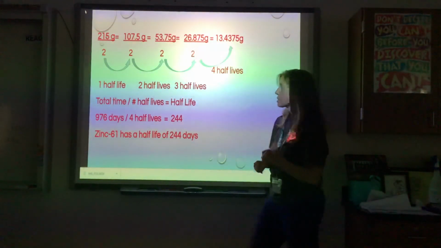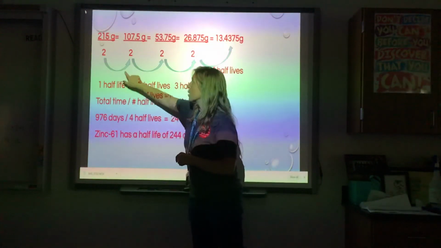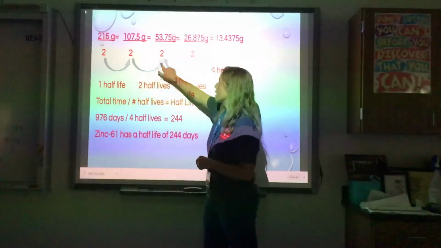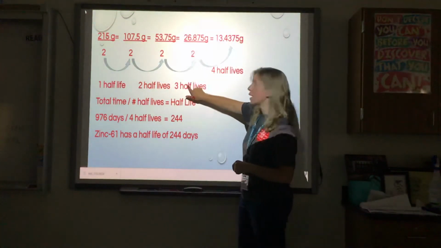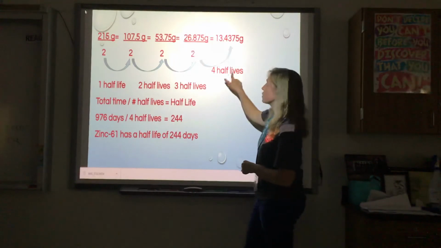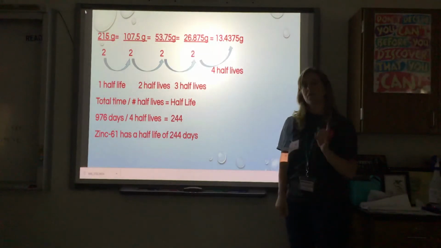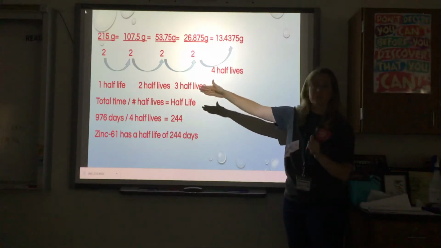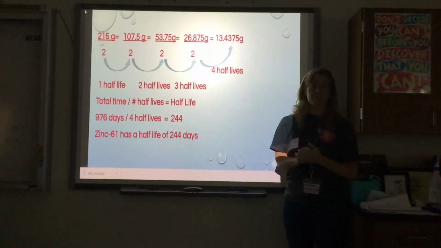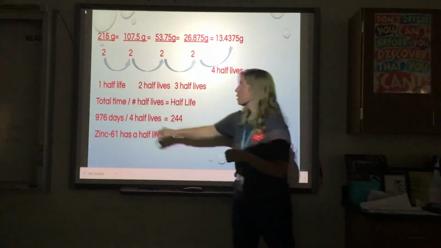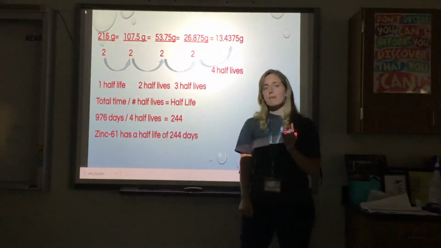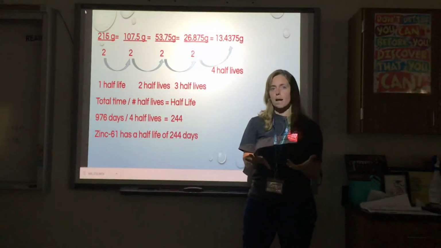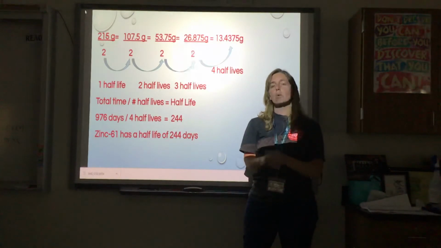Now, that's going to take 1 half-life there, 2 half-lives there, 3 half-lives there, and 4 half-lives. So it's going to take me a total of 4 half-lives to go from 215 to 13.4375. Now, in order to find the half-life, we're going to have to flip that problem, right? Instead of multiplying, we're going to need to divide.